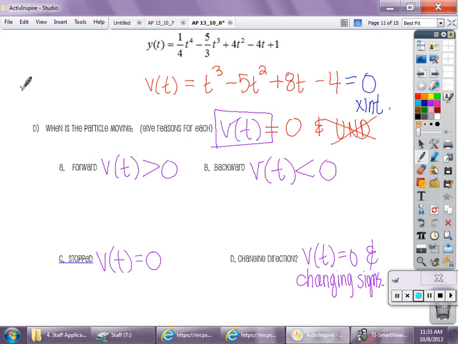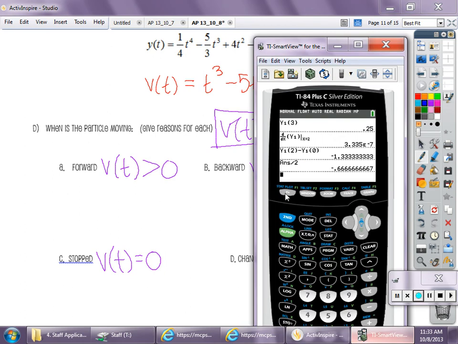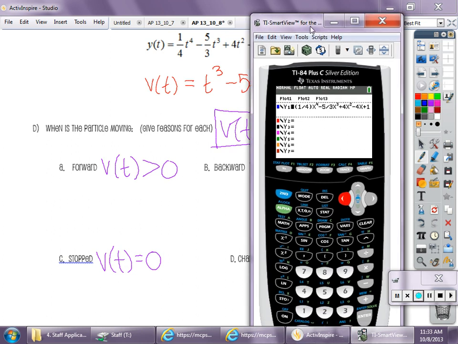And I guess I should graph it also. See if I have enough time to graph it also. What is it? X caret 3 minus 5t squared. Oopsie, I hate this calculator.